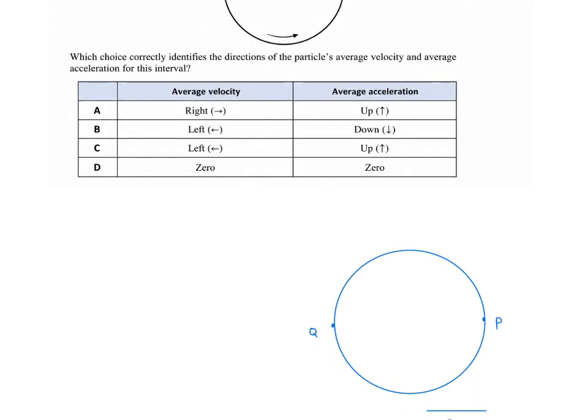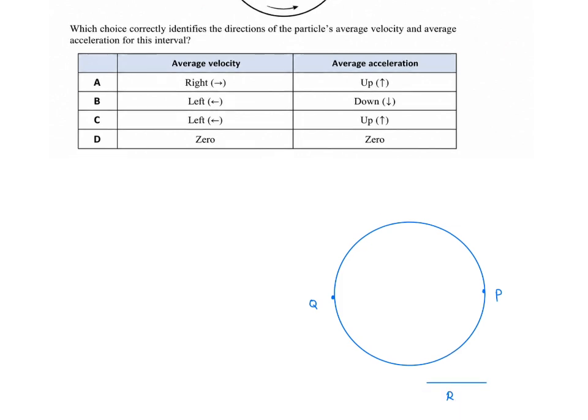So before starting this question, let me tell you the sign convention. If the particle is moving towards right or the particle is displacing towards right, then I will consider it to be positive.